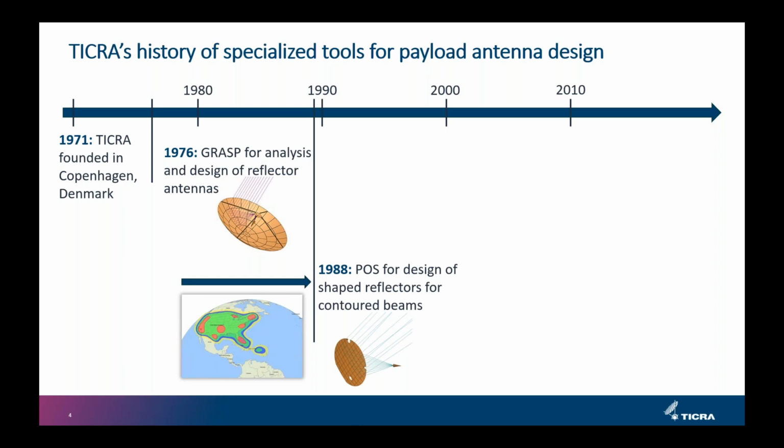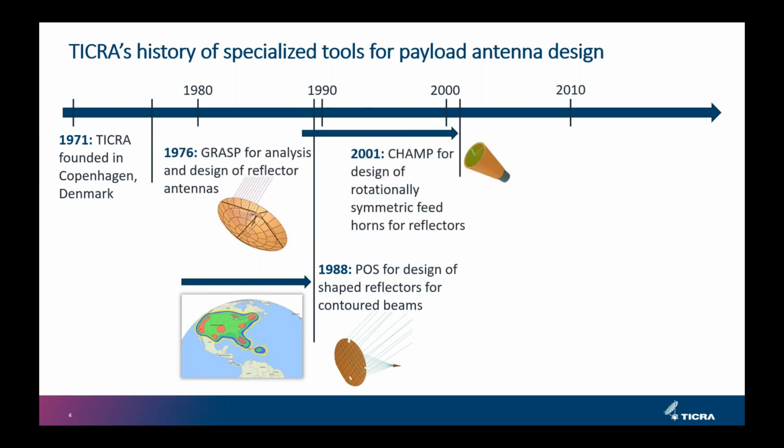In the late 80s and up through the 90s, we also got more and more into modeling and designing rotationally symmetric feeds for reflectors. And in 2001, we released a specific software for this purpose called JAMP. And this was the first version in 2001.